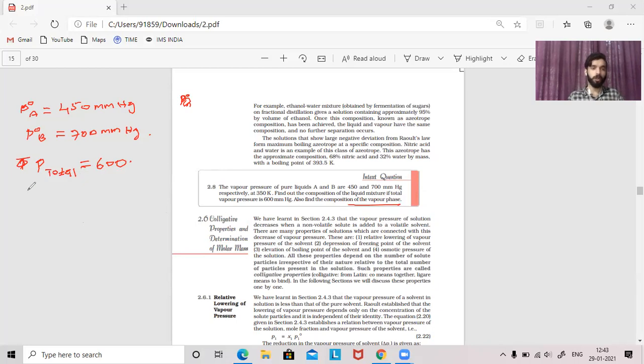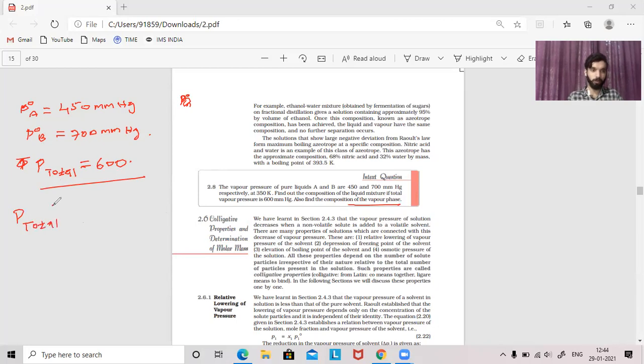Okay, so how to do this? First we will see, with the given data, can we get any relation? We know total pressure is given. So do we have any equation for total pressure? Yes, we have.